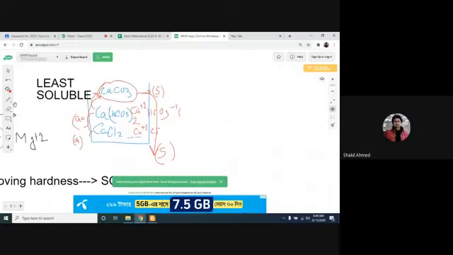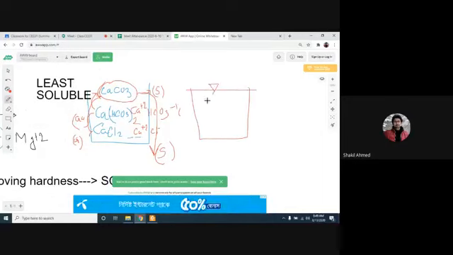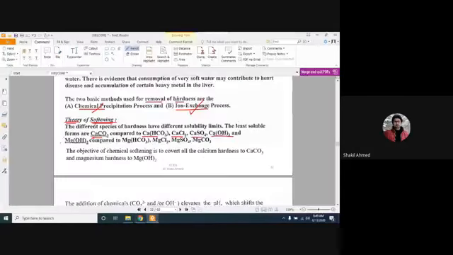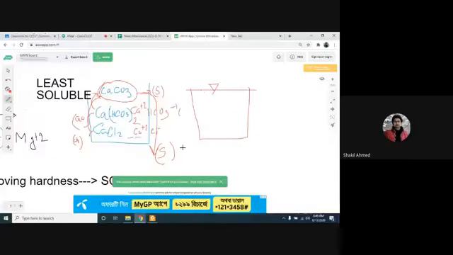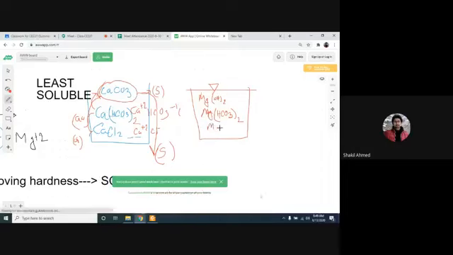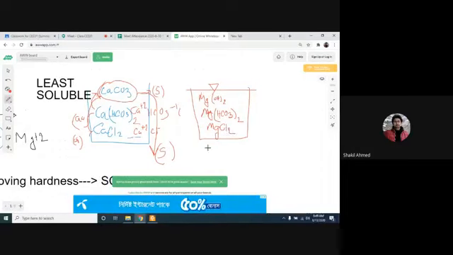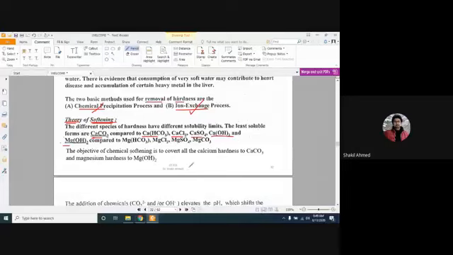Similarly, in case of magnesium, there can be different forms like magnesium hydroxide, magnesium bicarbonate, magnesium chloride, and others.